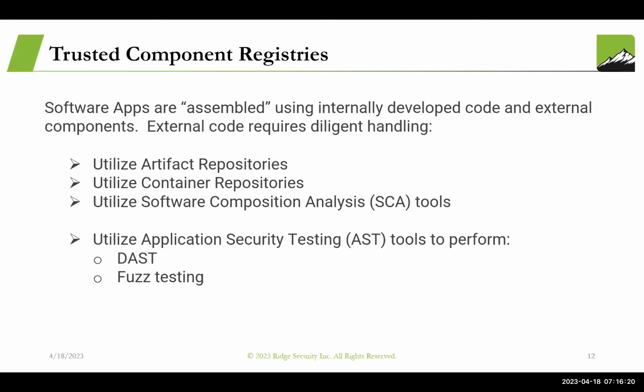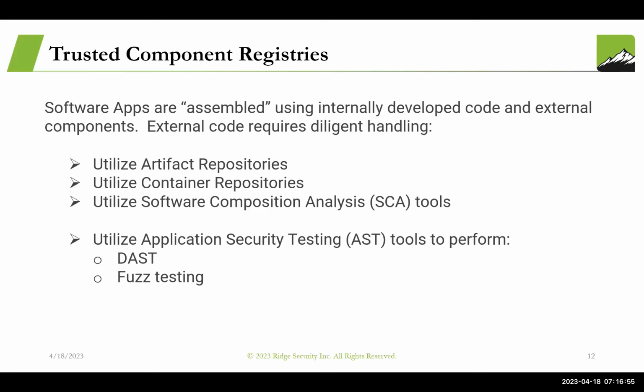The second recommendation is to utilize artifact repositories. This helps to enable securing, versioning, and also distributing software packages. It's good to use these repositories for both internally built and also external artifacts, such as third-party libraries and also containers. These days, containers are quite popular, so it's good to use a repository for container images as well.